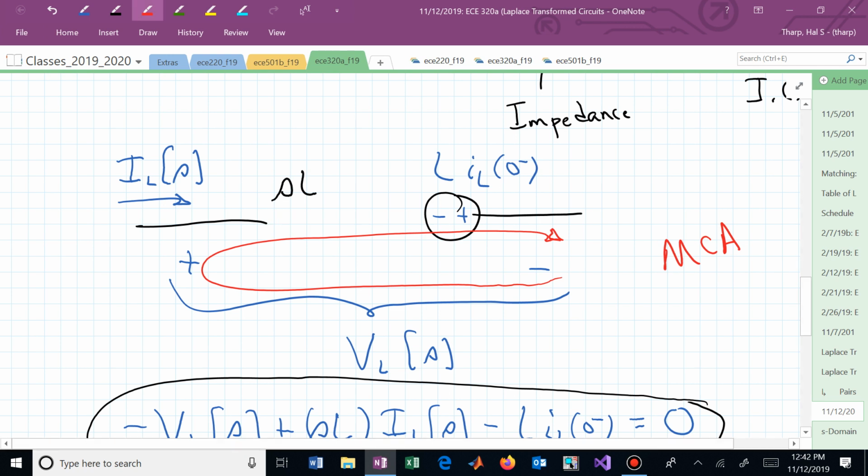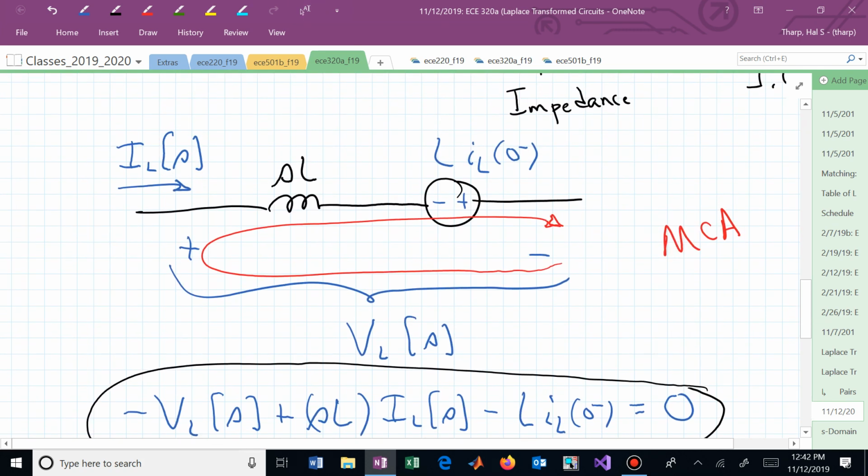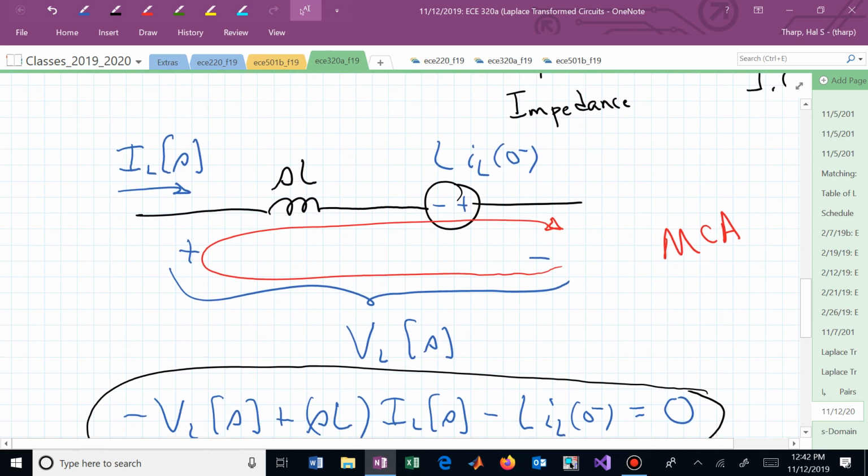I was afraid of that. The question was, why did I use a resistor on one diagram and an inductor on another? Because I'm sleeping up here. It's an impedance. You could just put a box in there and say the impedance value is SL, but it's trying to be an inductor, so yes, let's just go ahead and give it an inductor symbol.